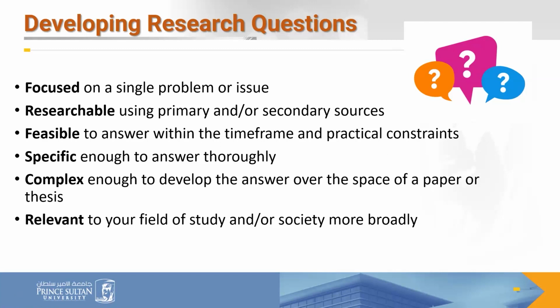It has to be specific enough to answer thoroughly, but complex enough to develop an answer over the space of a paper or a thesis. And it has to be relevant to your field of study and also society. It's important to do a research project that you feel is relevant to your community or to your society, so that you feel that you're contributing also to the welfare of people around you.